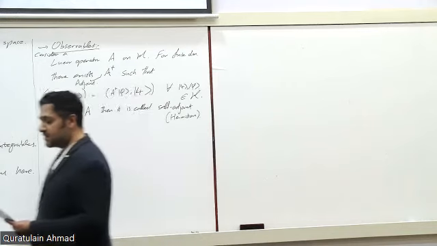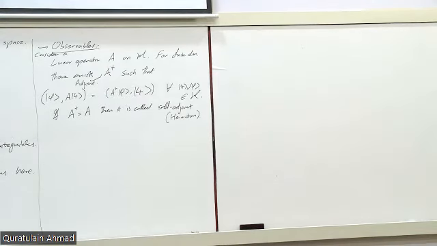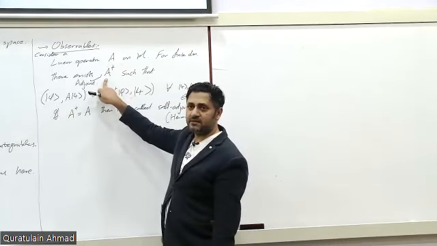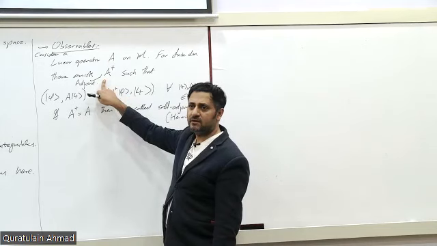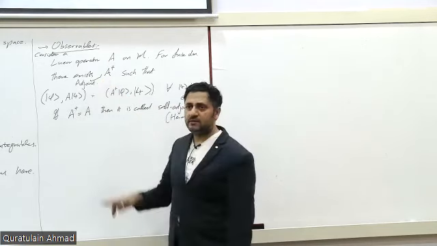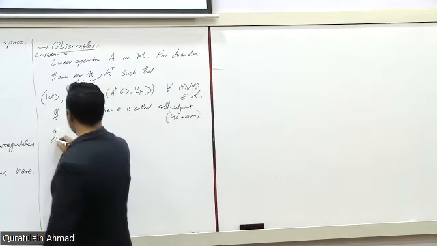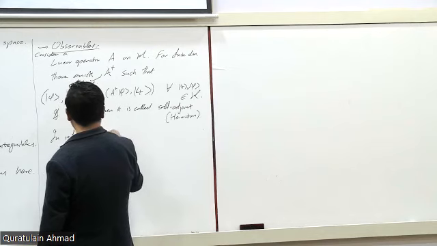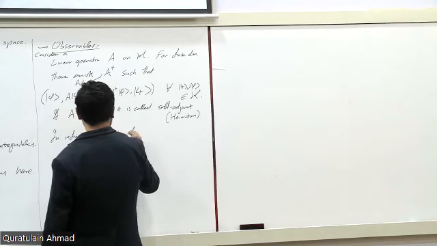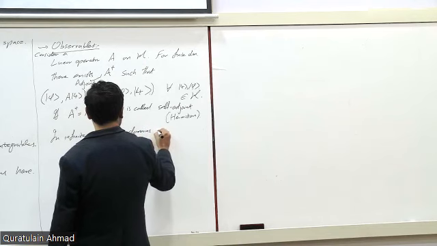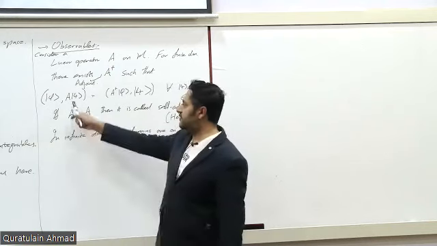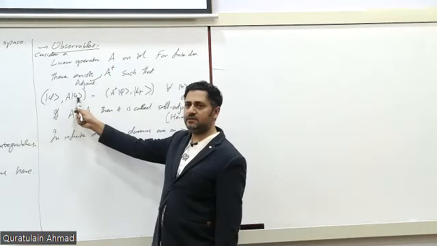Now, in infinite dimensions, this is generally not true. If you take an operator which is linear, no such operator will exist, which is adjoint of it. At least not for all vectors. The main problem is in infinite dimensions, domains are an issue. So you have a linear operator defined on all of these.